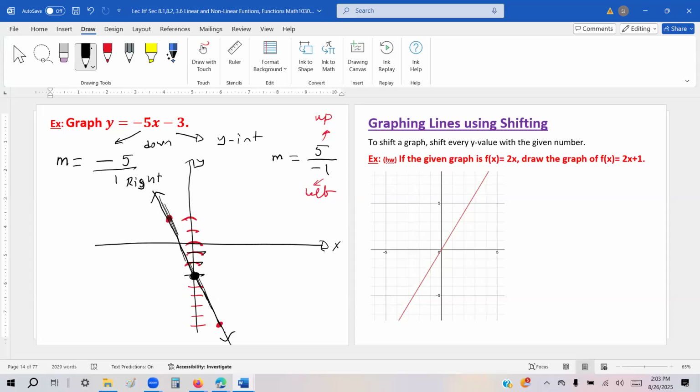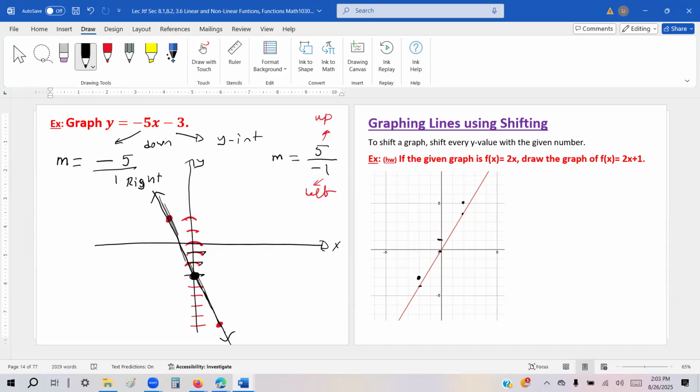So this is our y-intercept here. If you move this y-intercept 1 unit up, it goes here. So if you move your y-intercept 1 unit up, all the other points are shifting 1 unit up. So this point here will go 1 unit up here. This point here will go 1 unit up here.